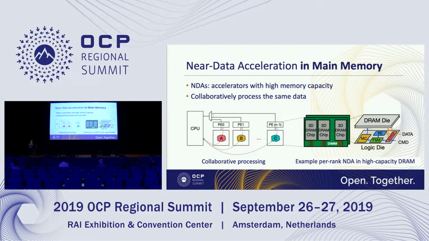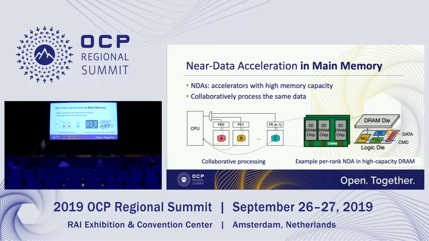From the CPU's perspective, it's an accelerator, but it's also still a main memory. How we are going to use this unique position of NearData acceleration is the main question I want to answer here. The CPU already has a high capacity memory, so the NDAs are accelerators with high memory capacity.